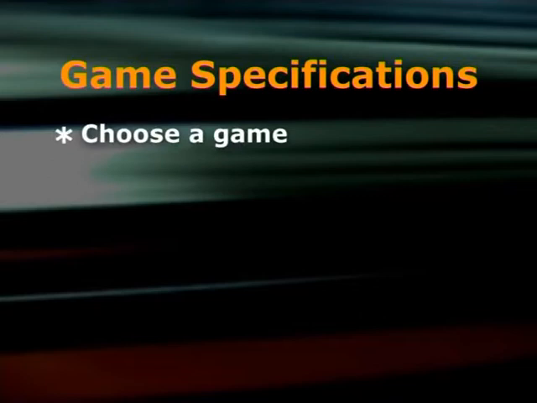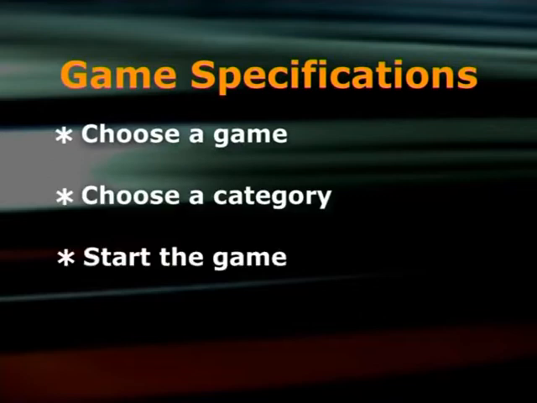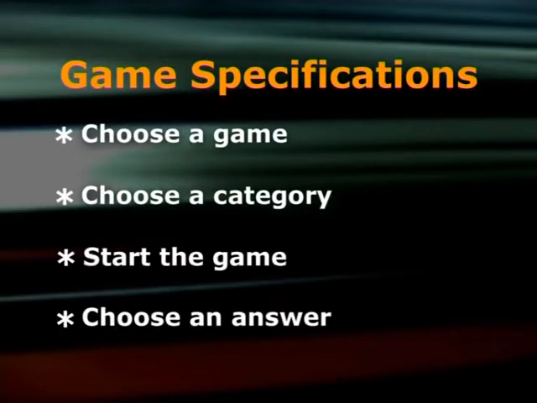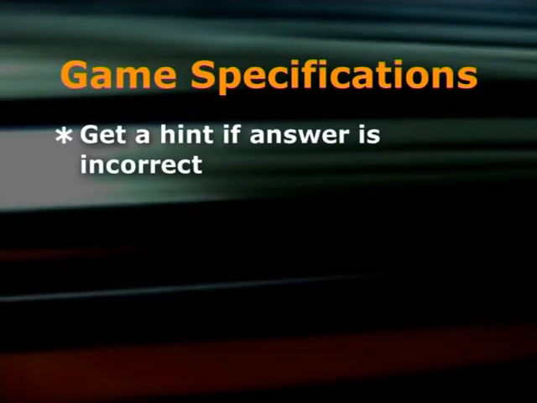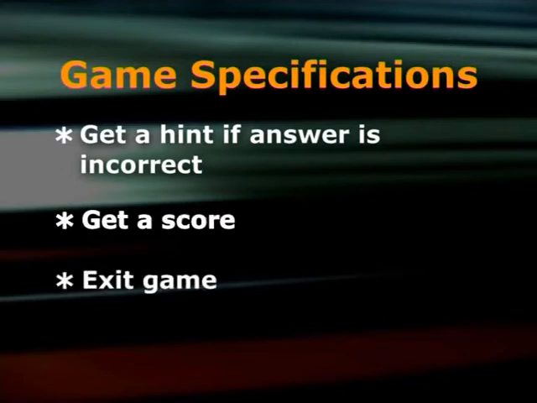On the user interface, you have to choose a game, then a category. Then you start the game, choose an answer, get a hint if the answer isn't correct, get a score, and exit the game. So I literally only have to list all the things that can happen in the program. Yes, list everything that happens in the program.